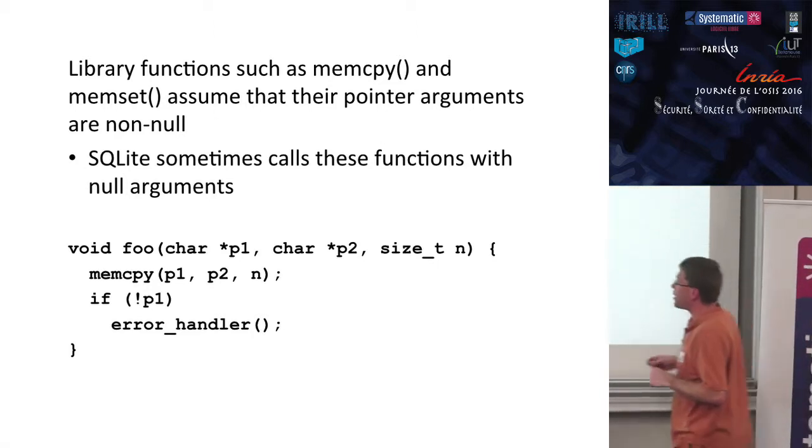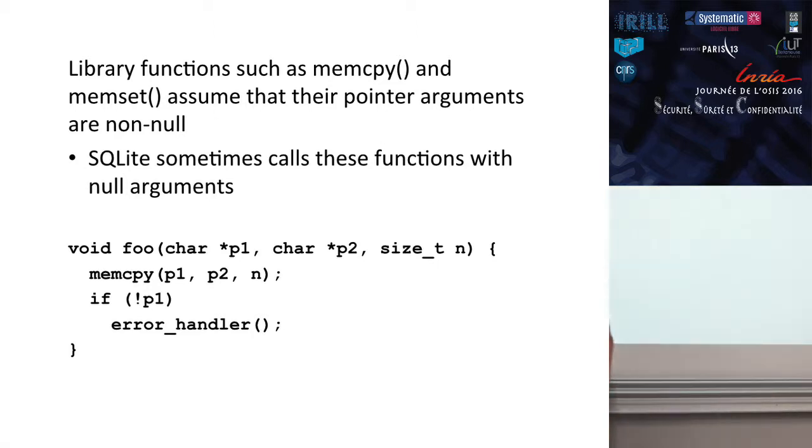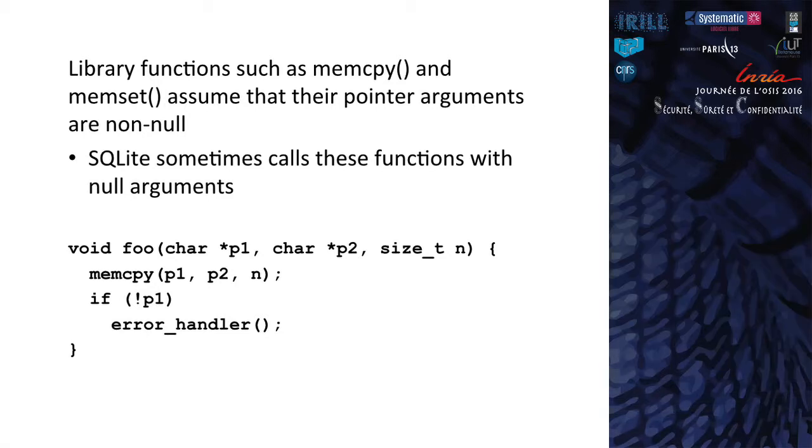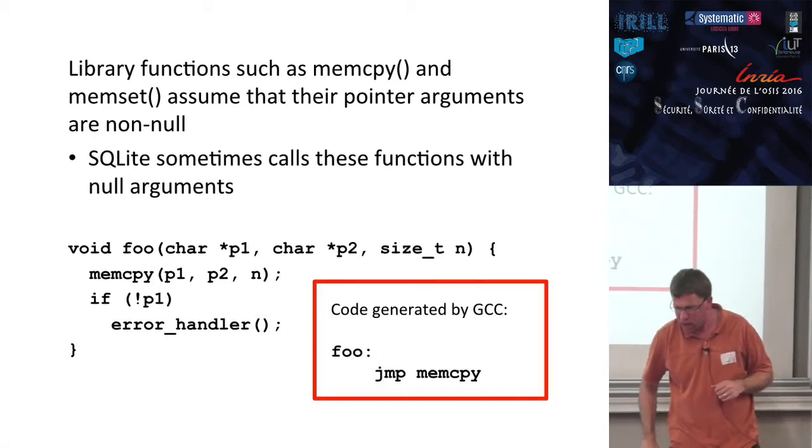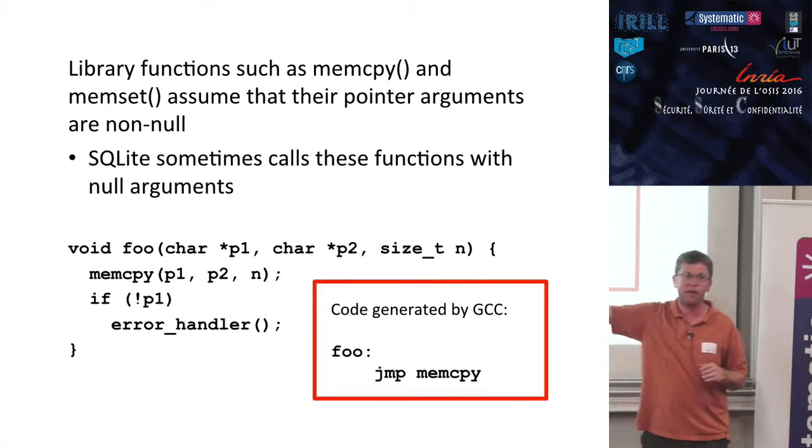So let's look at a program here where I have taken 2 pointers, P1 and P2. They've been passed to my function. Now I'm passing those 2 pointers to a memcopy call. Those pointers might be null or might not be null, right? They could be anything. And then if the first pointer was null, I'm going to call an error handler. And the compiler, GCC, optimizes this to just a pure jump to memcopy.